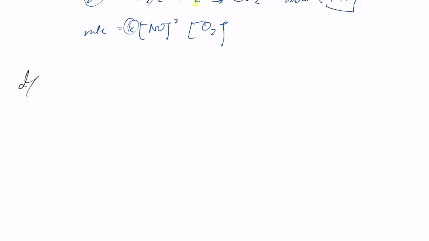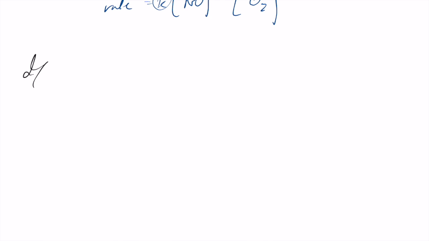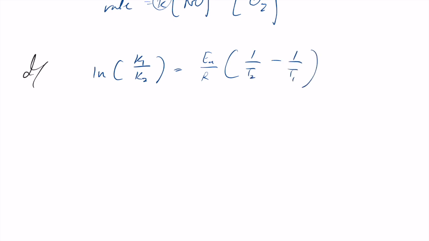Okay, found the equation. So if you look at 6.2, table 1, you have that ln K1 over K2 is equal to EA over R times 1 over T2 minus 1 over T1, okay?